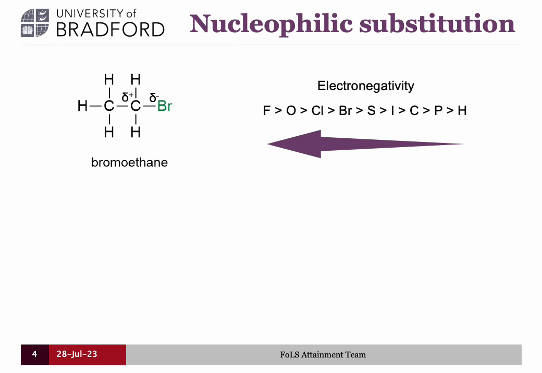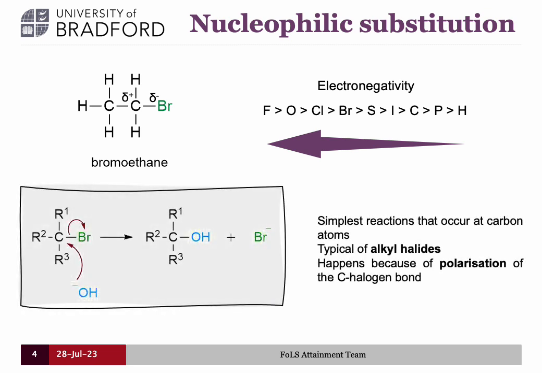accept electrons. Then let's see what happens when we have a hydroxide ion, which is actually a nucleophile, as it is negatively charged, so it will want to donate electrons. The hydroxide ion will attack this slightly positive carbon atom, causing the electron pair of the carbon-bromine polar bond to move onto the bromine, resulting in breaking the bond between the carbon and bromine, and therefore making bromine the leaving group in this reaction.